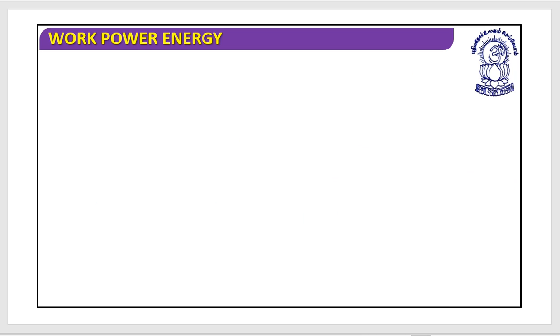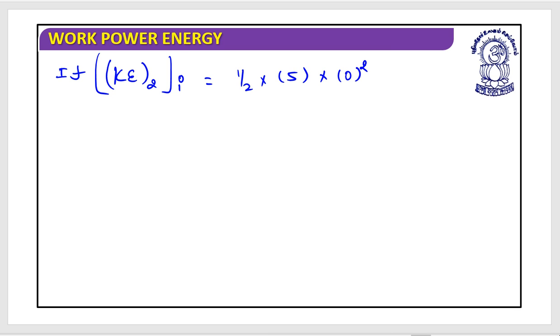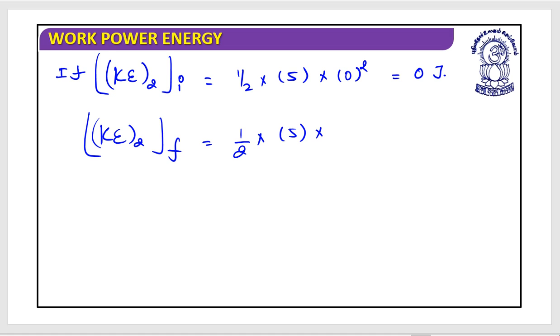If I see this situation very carefully, I will come to know that the kinetic energy of the second body initially is 1 by 2 into 5 into 0 whole square, which is 0 joule. The kinetic energy of the second body finally would be 1 by 2 into 5 into 20 square.